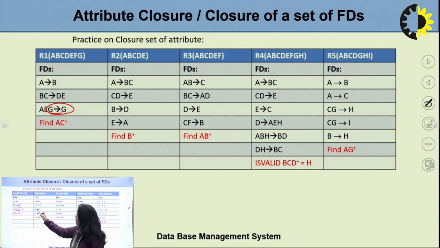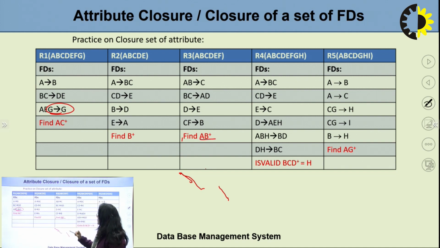If we have B, we can determine D, okay. So B and D, nothing else can be determined. Here if we have AB, we can determine C. So ABC, we can determine A and D, we can determine E, but we cannot determine this F, right.